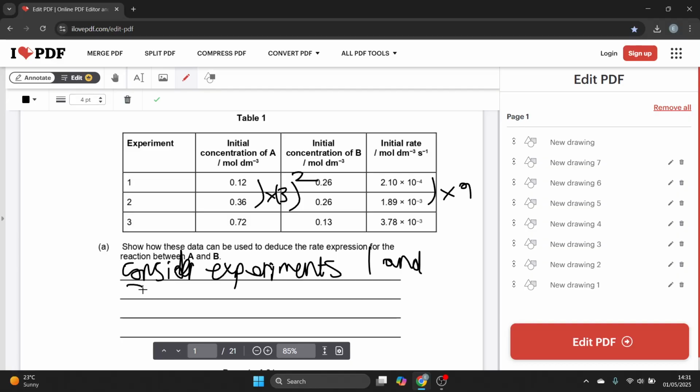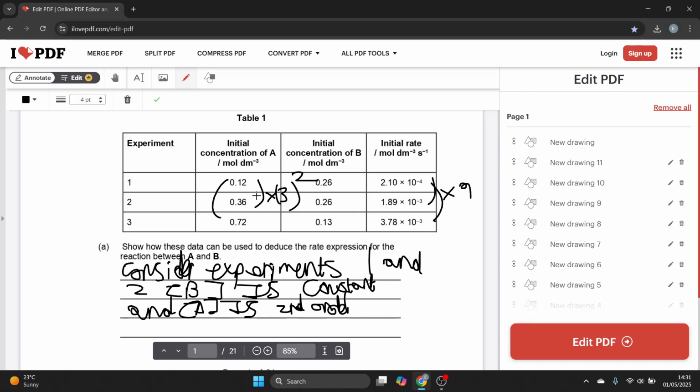If you consider experiments 1 and 2, you can see that the concentration of B is constant and the concentration of A is second order. And then obviously you say how, because that increased by a factor of 3 but the rate increases by a factor of 9, therefore it must be squared.